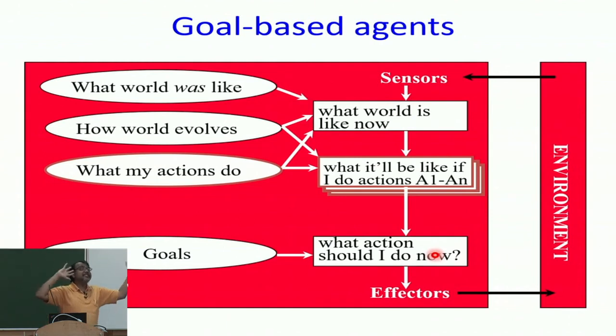All the original search based methods that we did, A star and DFS, BFS, etc., they all fit in as a goal based agent. There is a goal, there is a deliberative process which tries to figure out which sequence of actions can take me to the goal, and based on that I figure out which action do I do now.